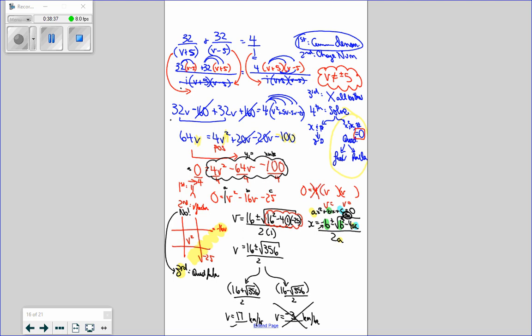You would get 17 and negative 3. You would still get to the answer, but they are going to take off a mark because you didn't do it algebraically. You did some of the algebra, but not all of it.